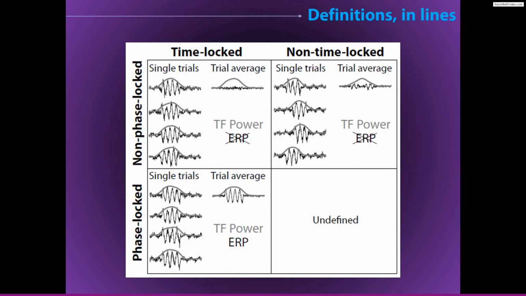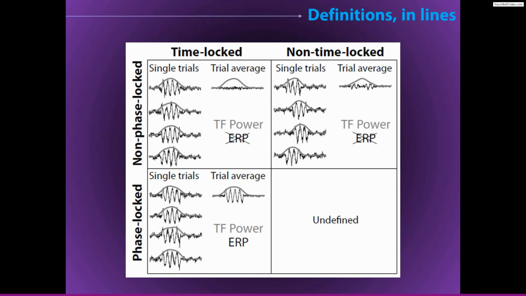I don't know. The way I remember those is not by concept, because I don't get the concept to mathematical mapping of evoked to phase-locked and induced to non-phase-locked. I remember that evoked is what you can also measure with an ERP, and they start with the same letters. Anyway, I think the general idea is pretty clear from this slide.